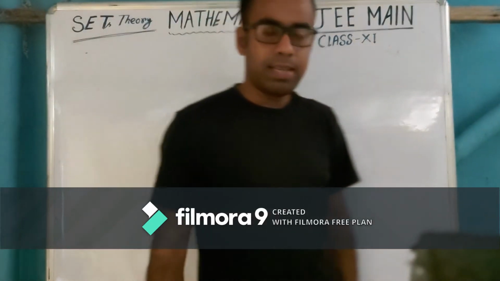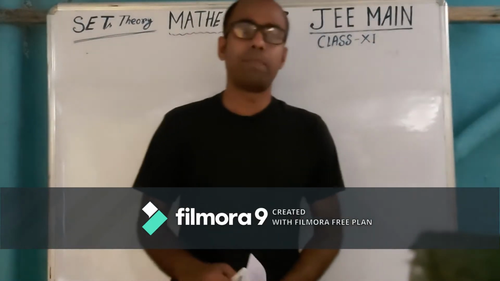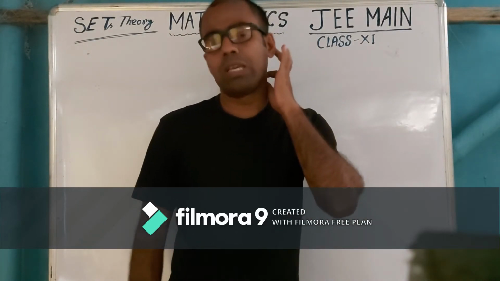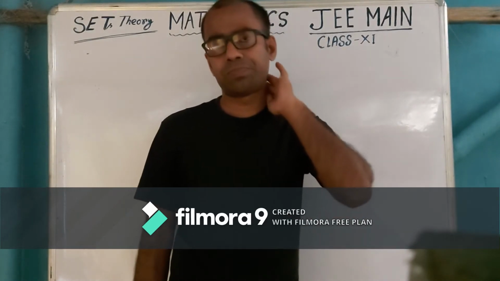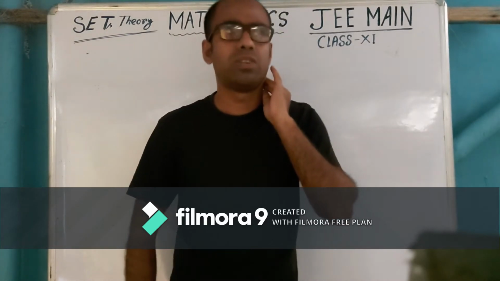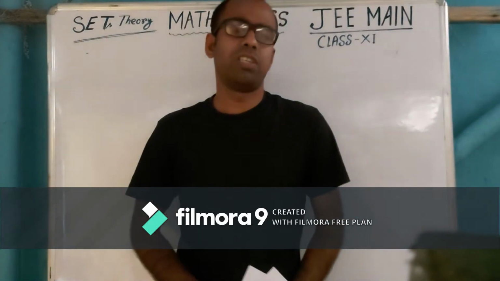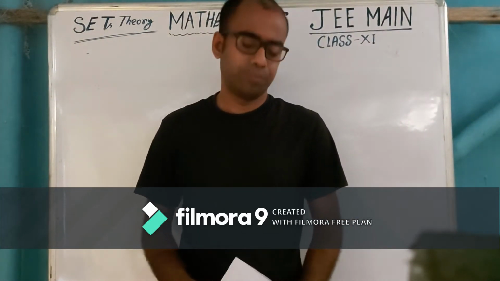Set theory is a mathematical branch which covers many parts such as functions, sequences, probability, and other chapters which discuss set theory problems. Now we discuss some basic definitions of set theory.